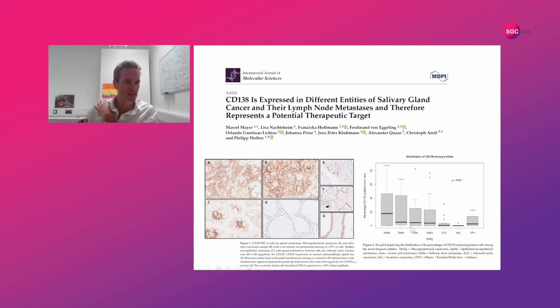So acinic cell is here, and it's not saying 100% are positive. The middle part is only around 10%, with a range up to 25%. But nevertheless, acinic cell came out as one of the salivary gland types that had a higher expression of this particular marker.